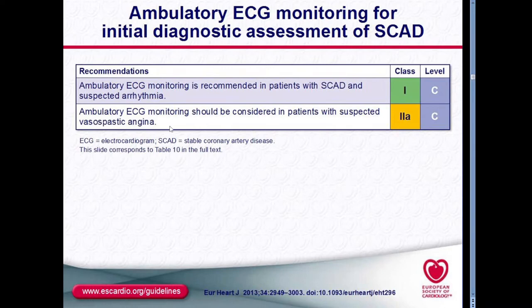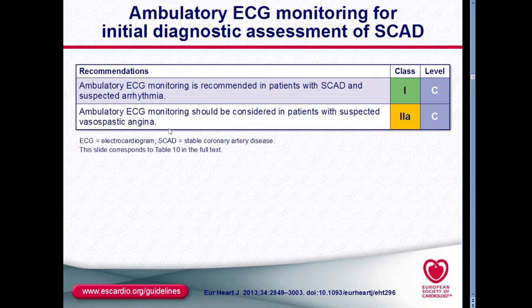And ambulatory ECG monitoring should be considered in patients with suspected vasospastic angina, sure, when the physical exertion does not induce the ischemia, but this situation is rather rare.